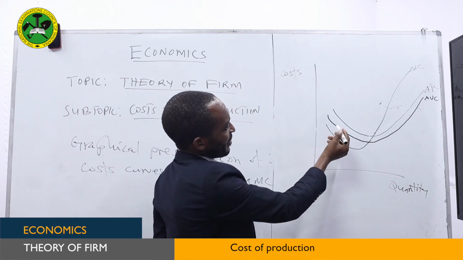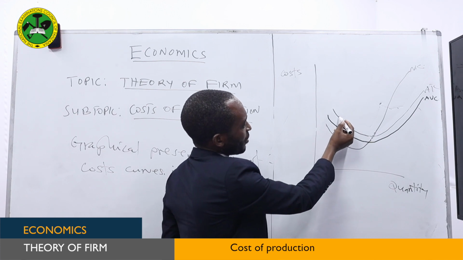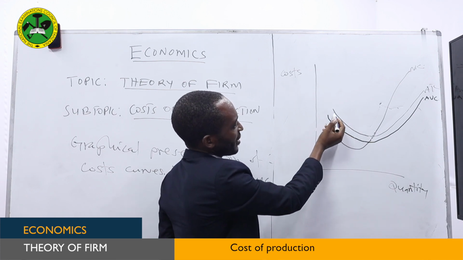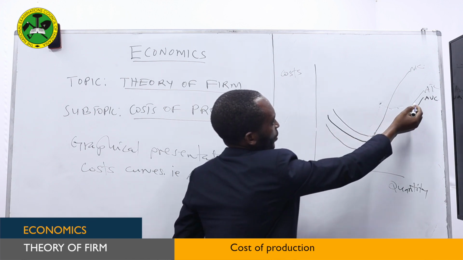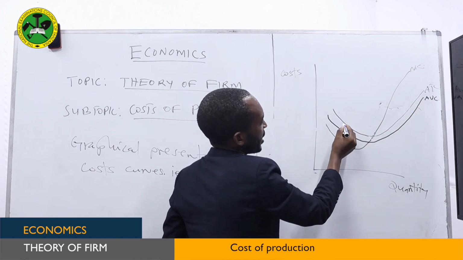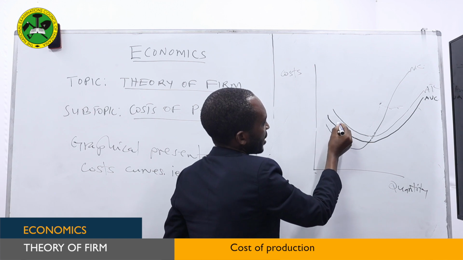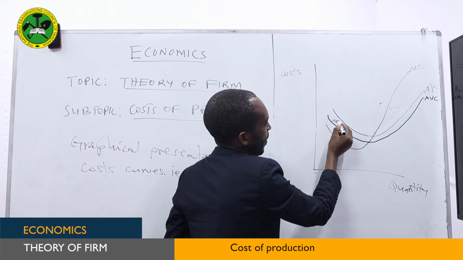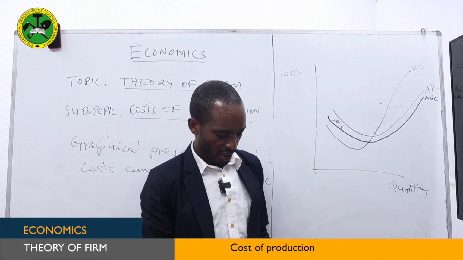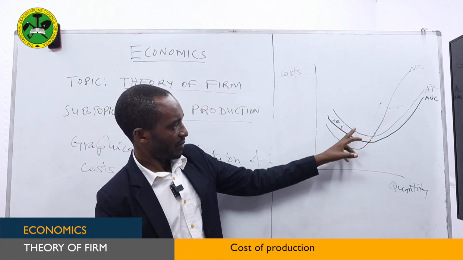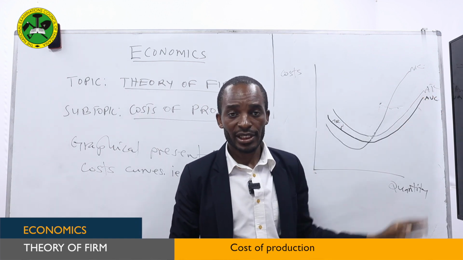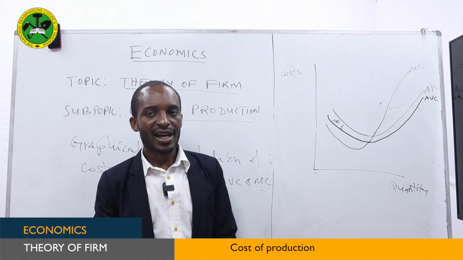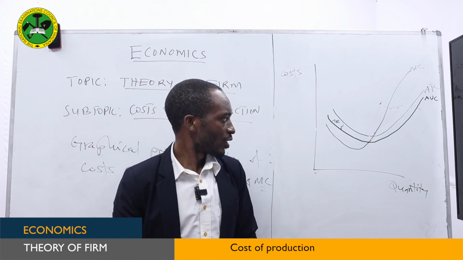So this gap between the average total cost and average variable cost is the same as the average fixed cost. When you take the difference between average total cost and average variable cost, you get the average fixed cost.